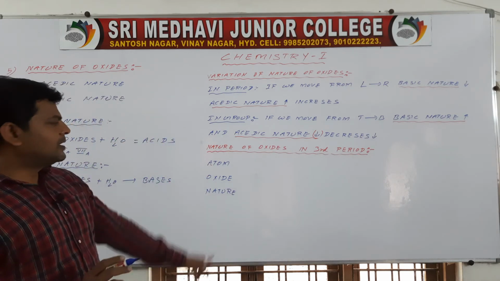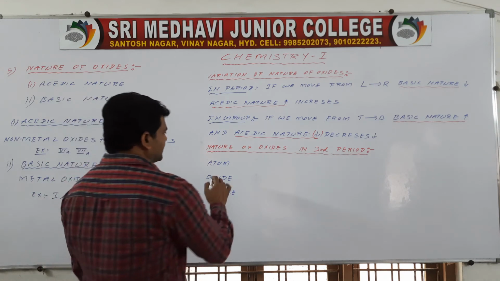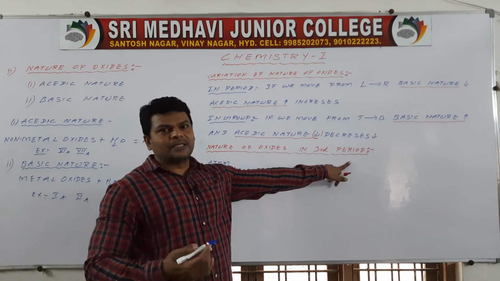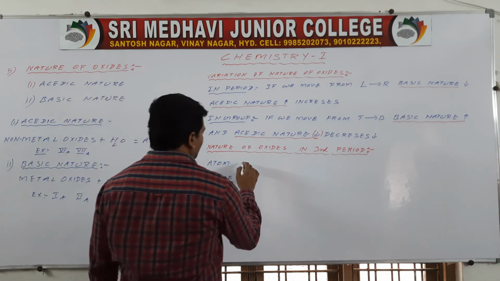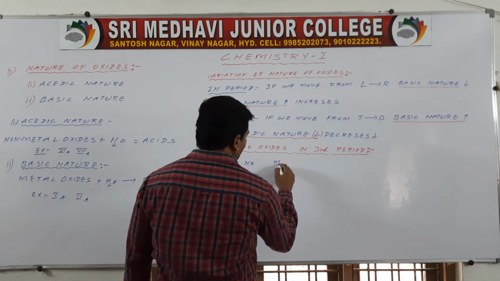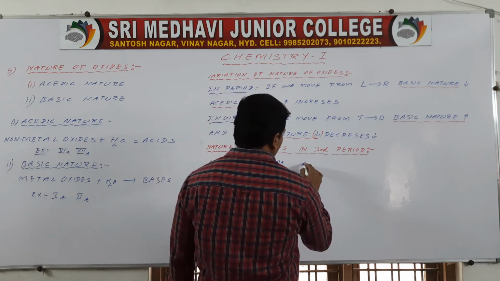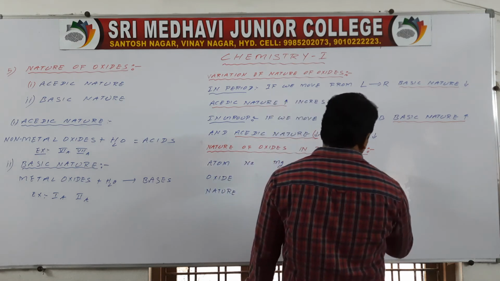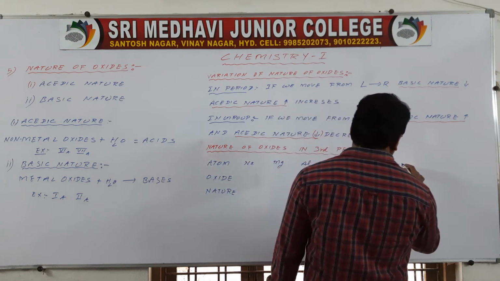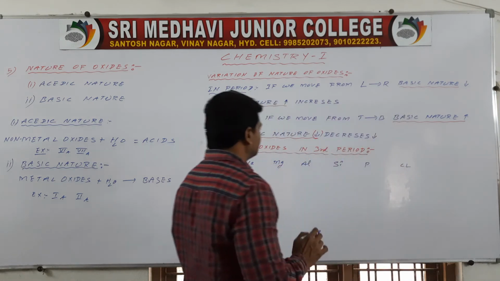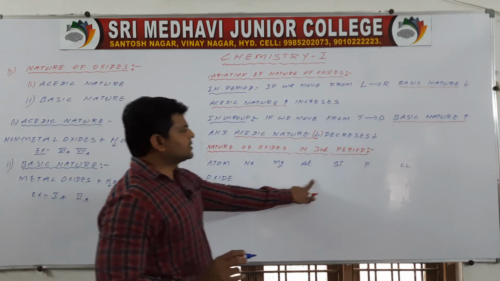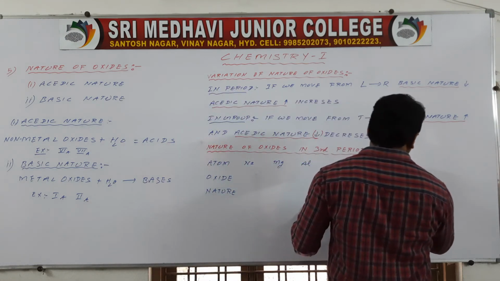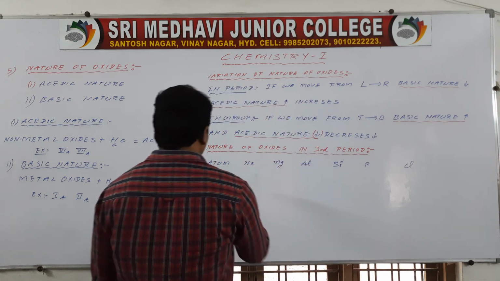The atoms are the third period elements. What are they? Sodium, magnesium, aluminum, silicon, phosphorus, sulfur, chlorine. So these are the third period elements.